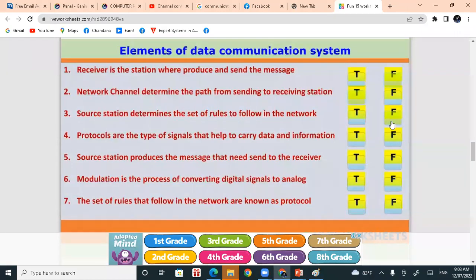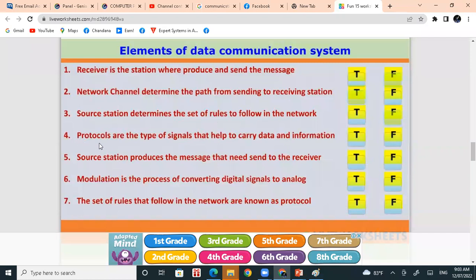False. Yes, the correct answer is false. The job of the source station is not to determine the set of rules. Source station sends and produces the data. Therefore, the statement is false here.